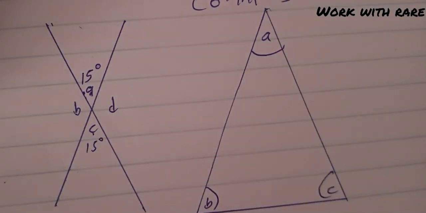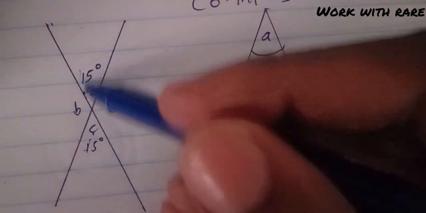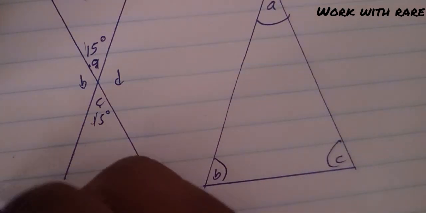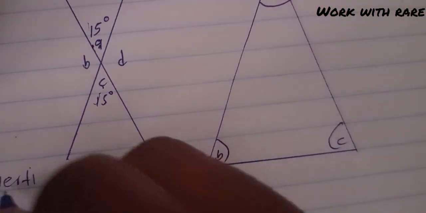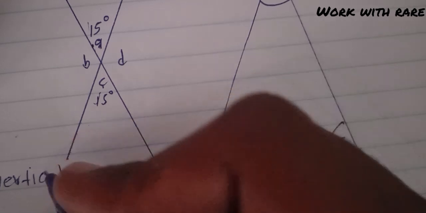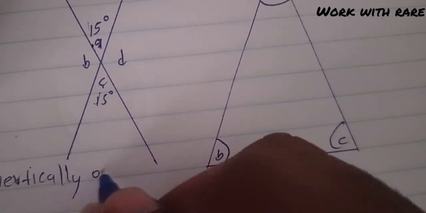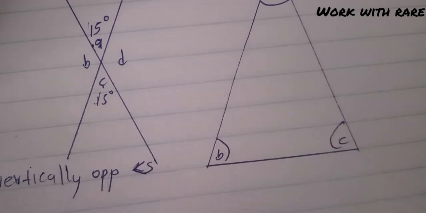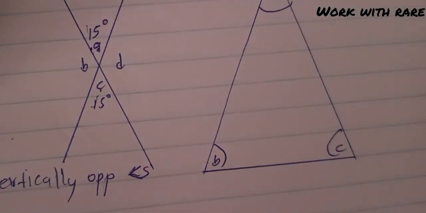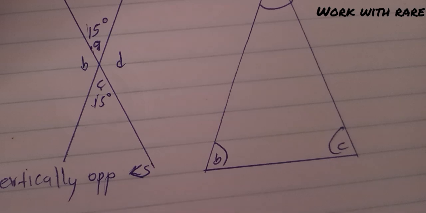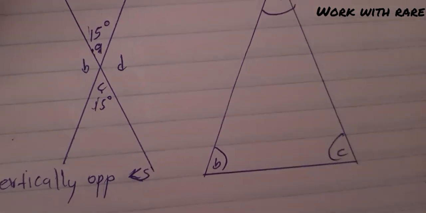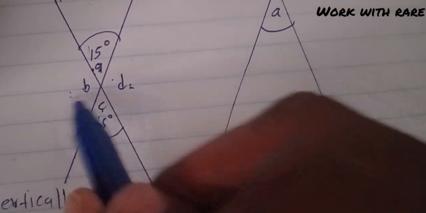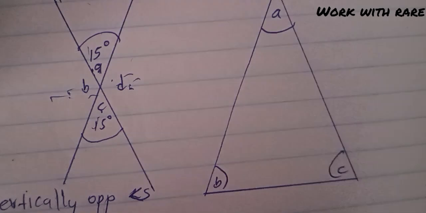If this angle is 15, this angle will be 15, because they are vertically opposite angles. You should get used to this math language. We don't write things in full. Even this vertical, we can write it in short. This angle will equal this angle, and this angle will equal this angle. The reason will be the same, vertically opposite angles.